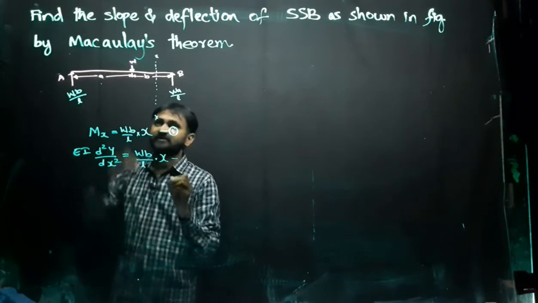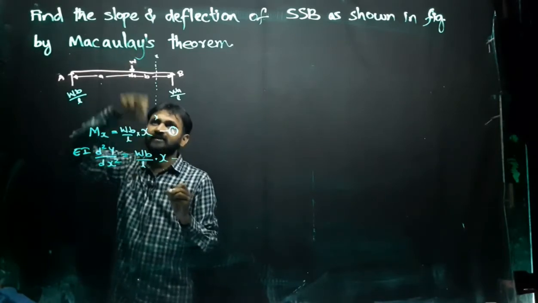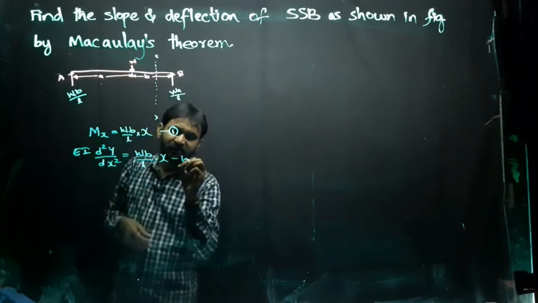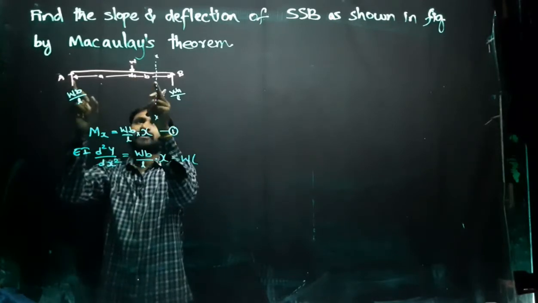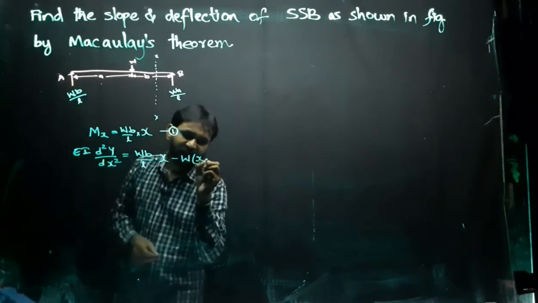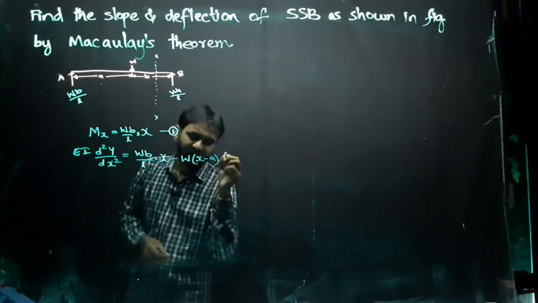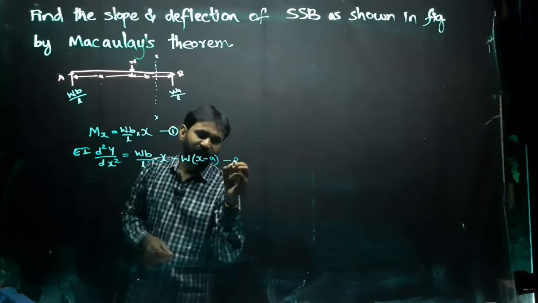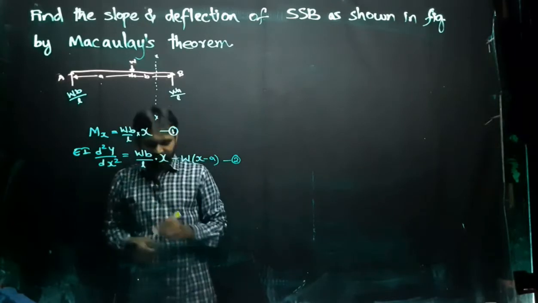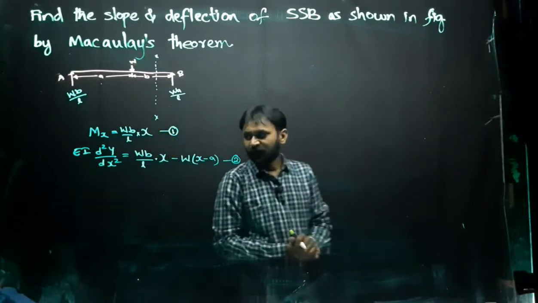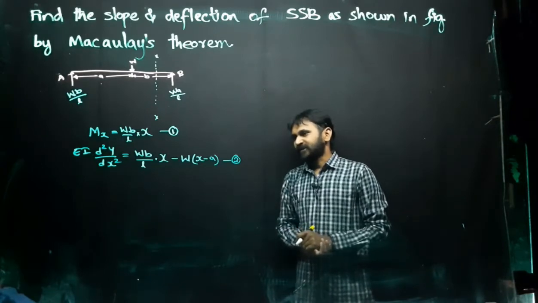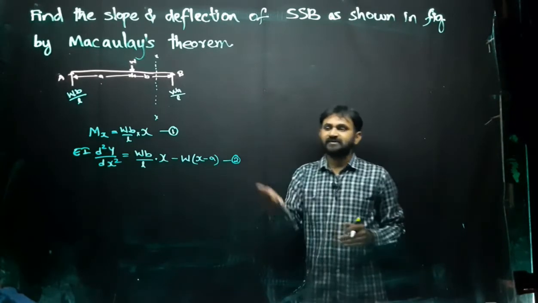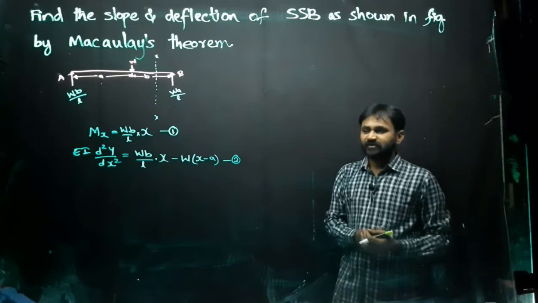So minus, since it is downward, it is minus W into, you know this distance but you don't know this, so x minus a. Let this be equation 2. So EI d square y by dx square equals WB by L into x minus W into x minus a is my bending moment equation.